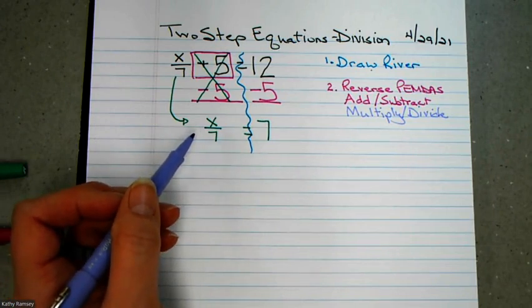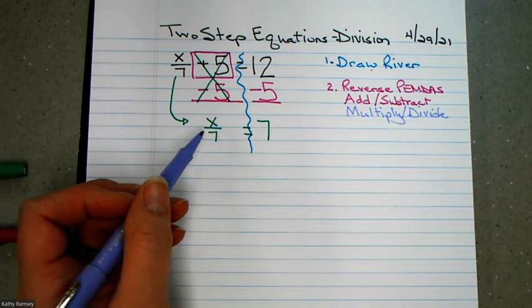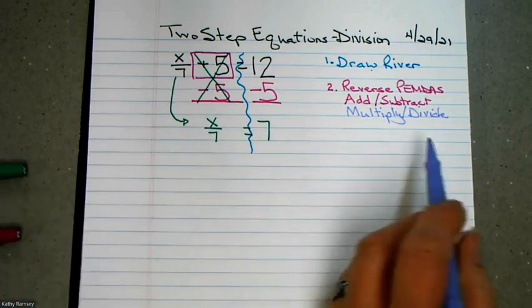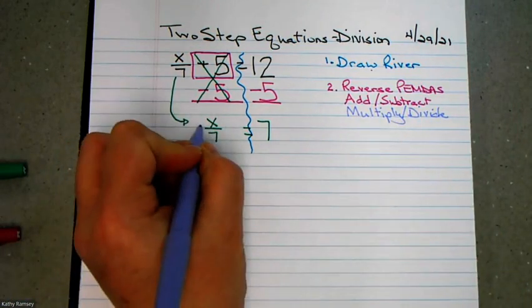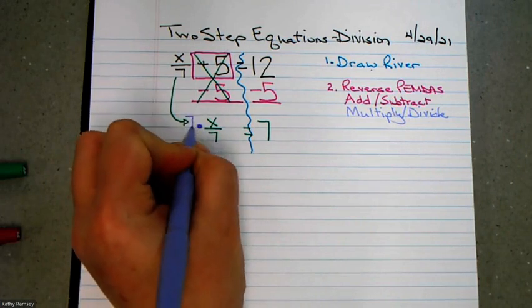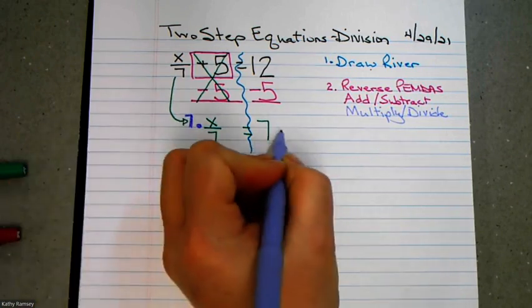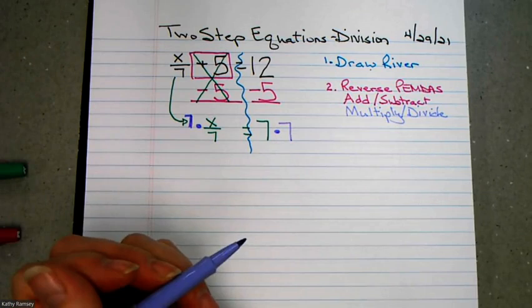Are they adding, subtracting, multiplying, or dividing? The x is being divided by 7. So the opposite of division is multiplication. So we're going to multiply the left side by 7. And we're going to multiply the right side by 7.